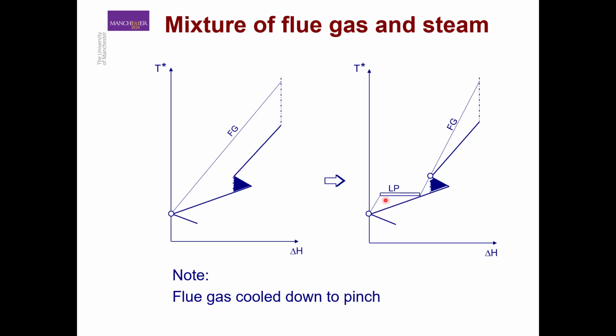By combining our flue gas with LP steam, we managed to reduce our flue gas usage within this chemical process, and our flue gas is cooled right down to the pinch temperature in both these cases.